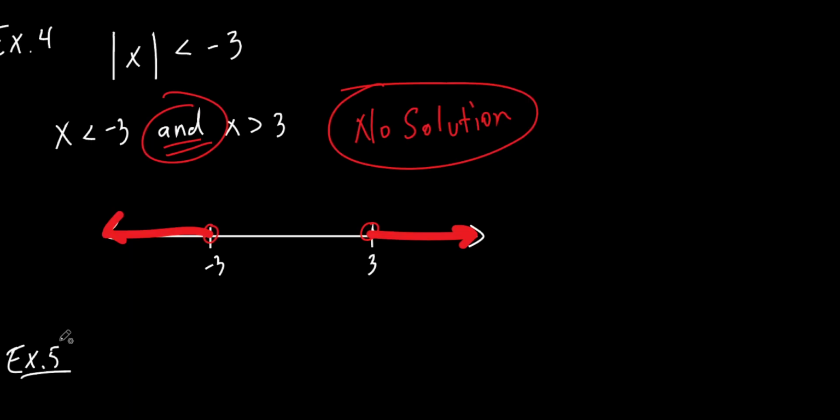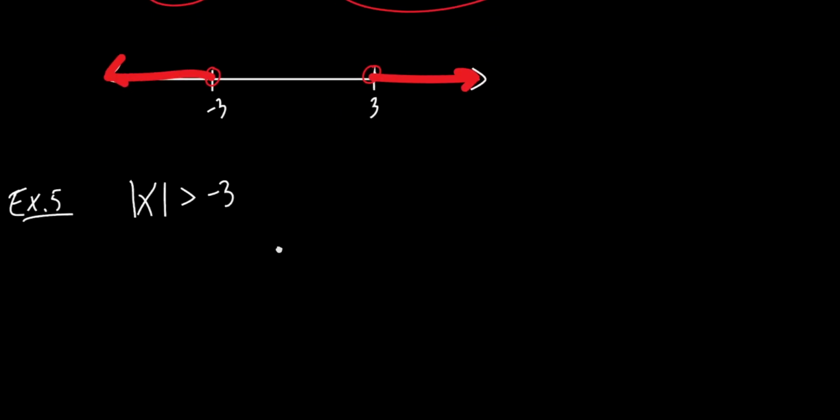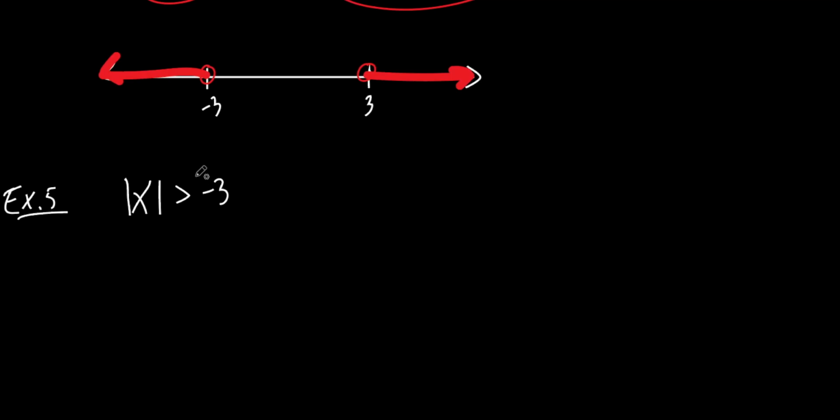Example 5. We're just going to do the same thing, but instead of less than, guess what we're going to do? Greater than. All right, let's look at this. So what is the greater than? Is it "and" or "or"? It's "or", okay? So x is greater than negative 3, or x is, change the direction of the inequality and change the sign of that number.